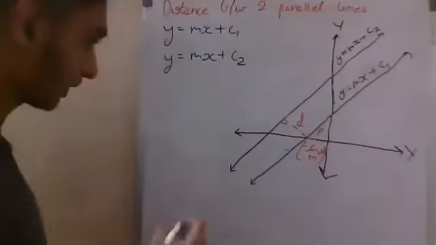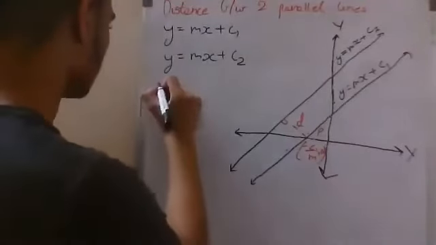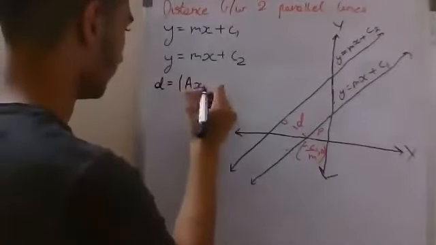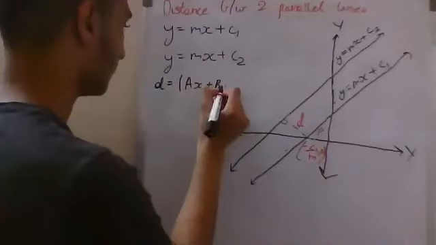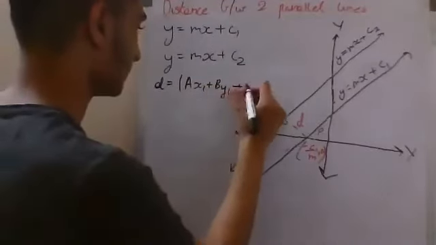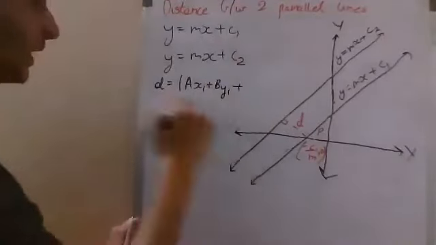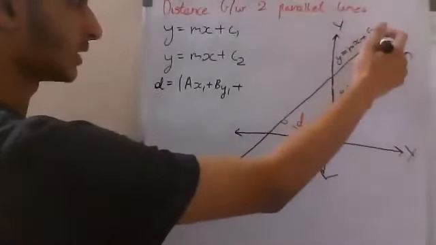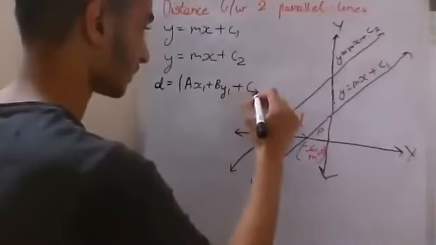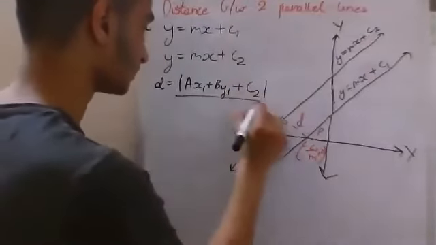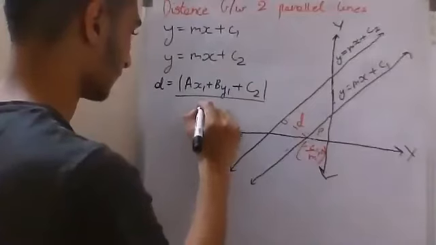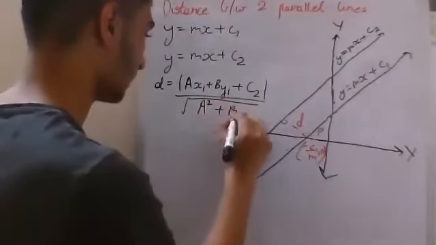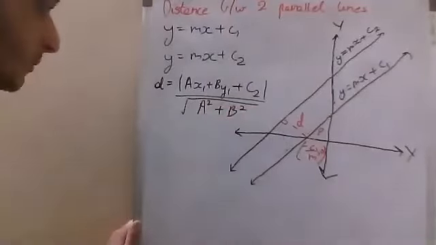Now, as you know, the formula is d equals mod of a x1 plus b y1 plus, now as you are finding the distance between this line, whose constant is c2, so you write c2, upon square root of a square plus b square.